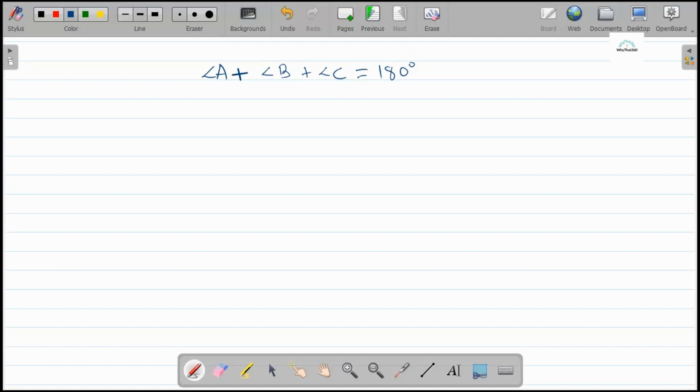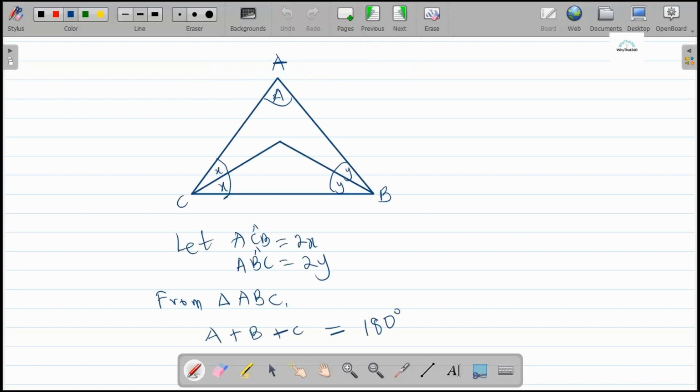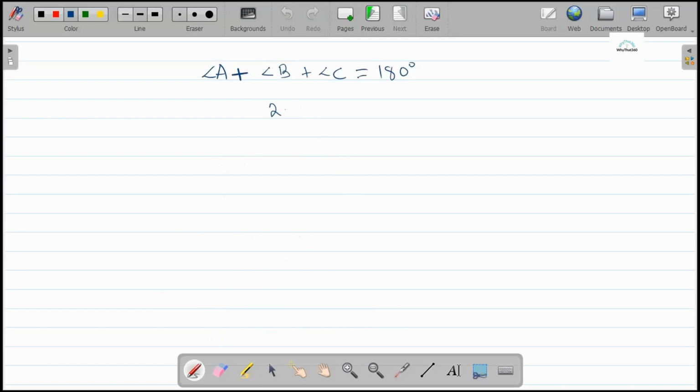The next thing that we will do is, we know that the angle at B is 2y, plus the angle at C is 2x, and here we had angle A, which is still A, and then we equate this to 180 degrees. Let's go ahead and divide this through by 2.